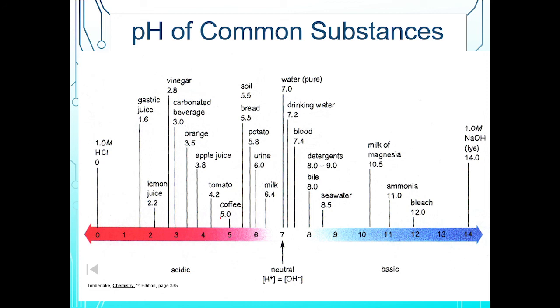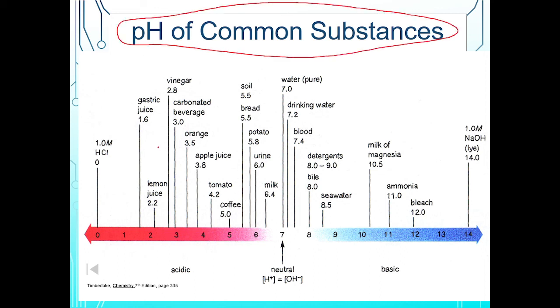Now, there are some common pH values given. You have to remember them. I have just started this slide because the first and foremost important thing is that questions come from this. Not a lot, but yes, there are questions, for example from the pH of common substances. So you have to remember them.